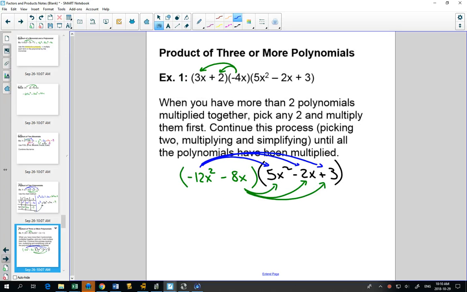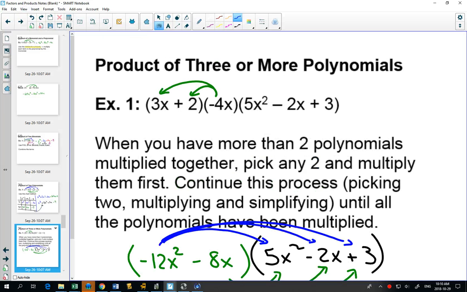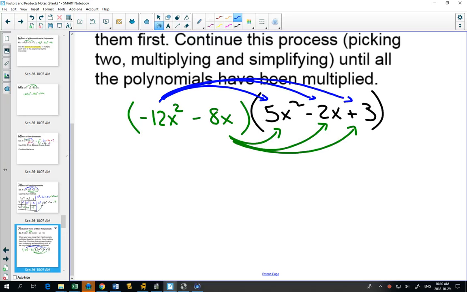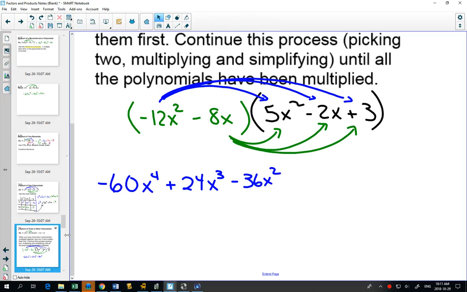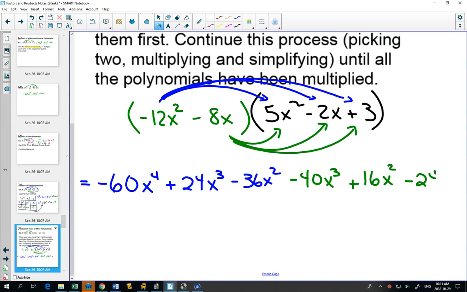And if we wrote this out, I'll multiply the blue arrows first. I'm going to get negative 60x to the 4 plus 24x cubed minus 36x squared. Then my green arrows, minus 40x cubed plus 16x squared minus 24x.